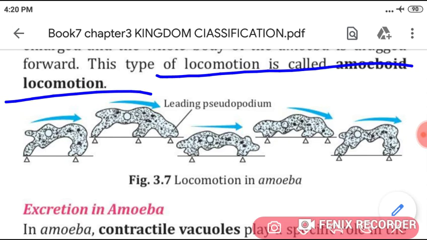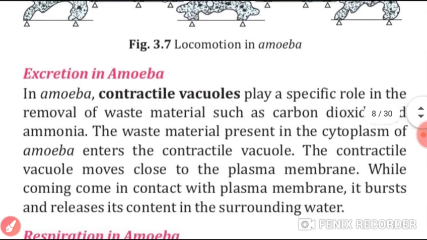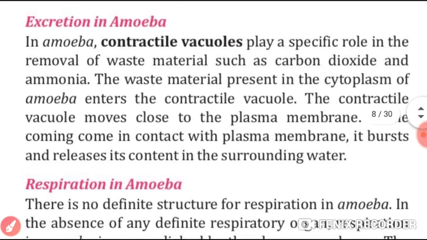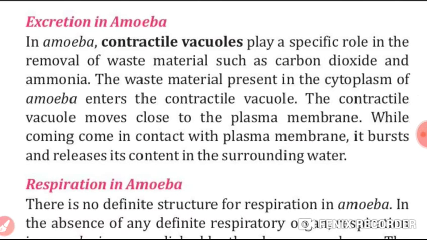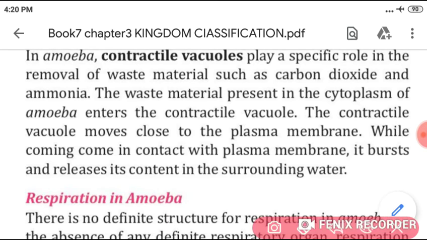Okay, students, like you are seeing here, locomotion in amoeba. Now what happens in the excretion in amoeba? Contractile vacuoles are there. They help in the removal of waste materials. The waste material which is present in the cytoplasm of amoeba enters where?